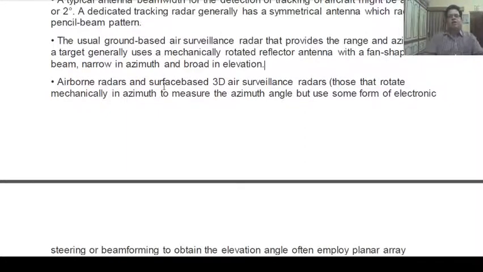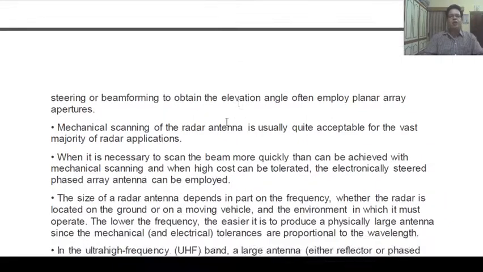Airborne radars and surface-based 3D air surveillance radars rotate mechanically in azimuth to measure the azimuth angle, but use some form of electronic steering or beam forming to obtain the elevation angle, and often employ planar array apertures.